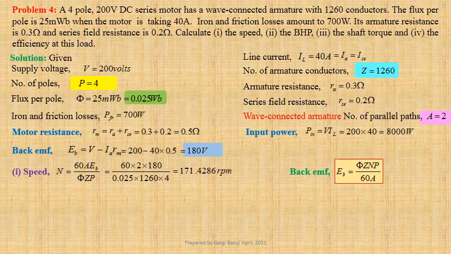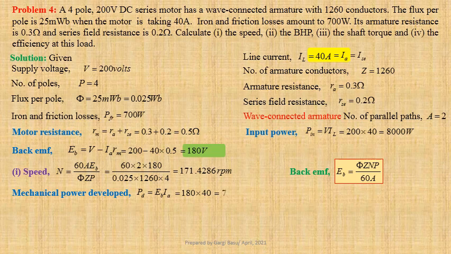171.4286 RPM. Mechanical power developed PD equals EB into IA, that is equal to 180 into 40, that gives us 7200 watts.